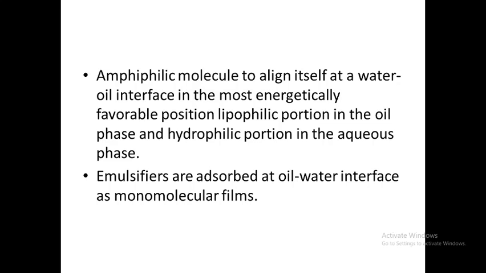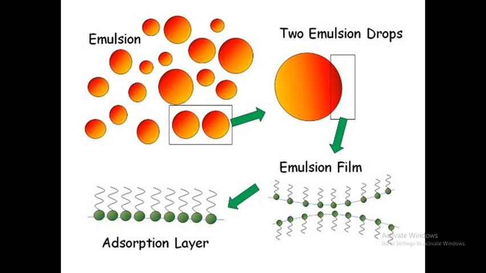So surfactants are adsorbed at the oil water interface and form monomolecular or monolayer films around the droplets of the dispersed phase. Here you can see in this diagram a typical example of an oil in water type of emulsion. You can see the oil globules which are dispersed in the aqueous dispersion medium.